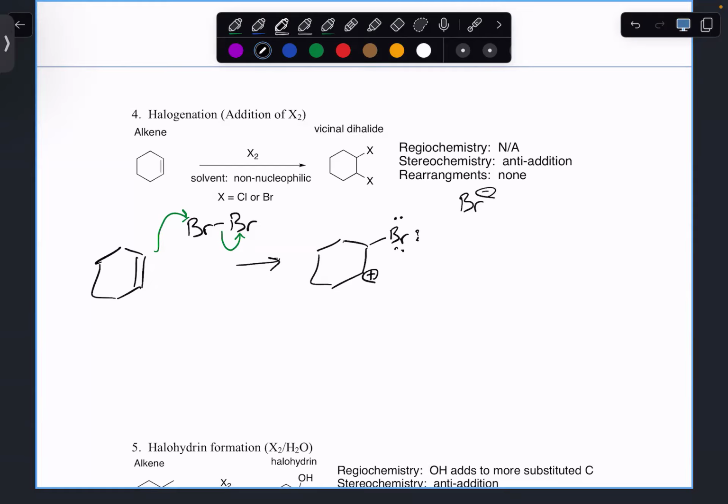And so you don't really end up forming what I just drew. What you really end up forming is this thing. This is known as the bromonium ion.